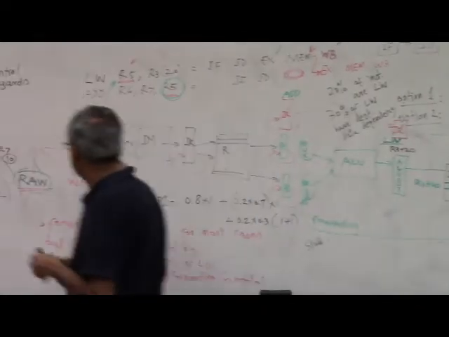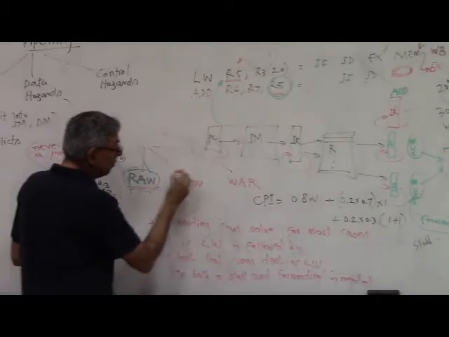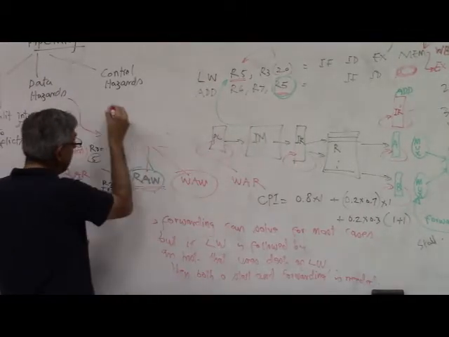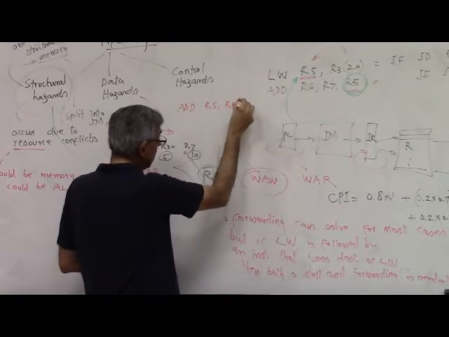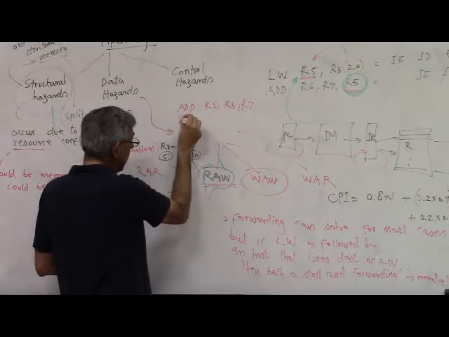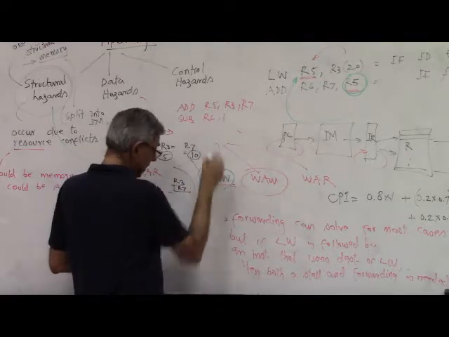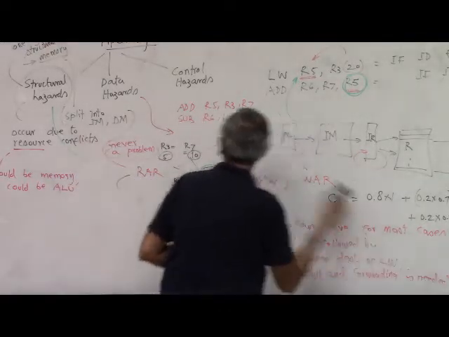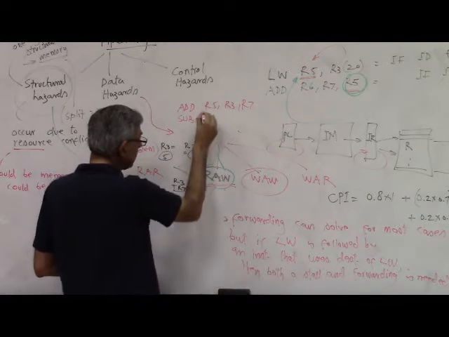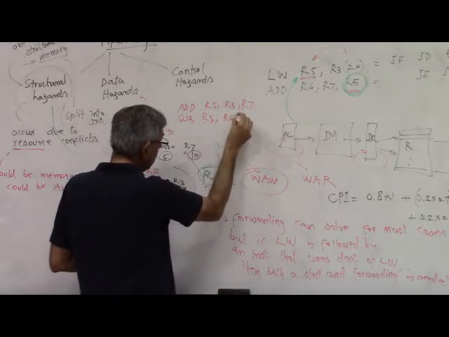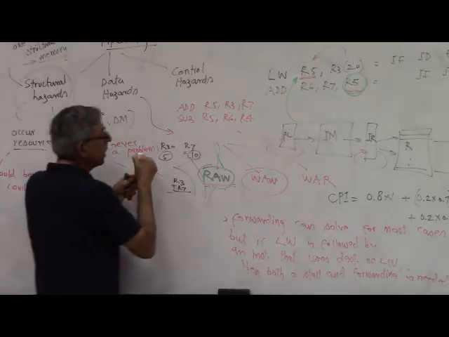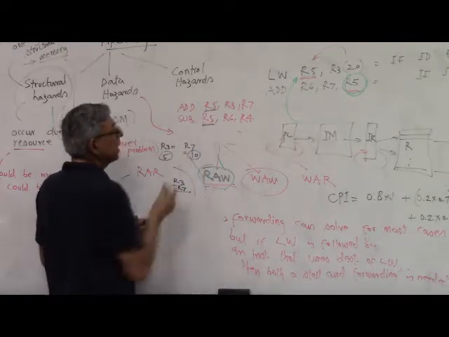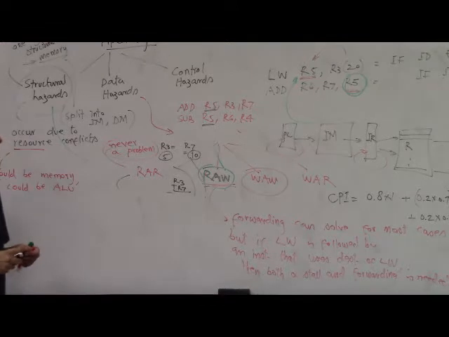Okay, in our design right now, WAW is not a problem. This is a write after write. So if we did add R5, R3, R7, then subtract R5, R6, R4, you can see we are writing to R5 and we are writing to R5 again, okay?